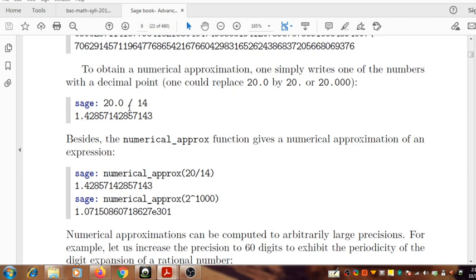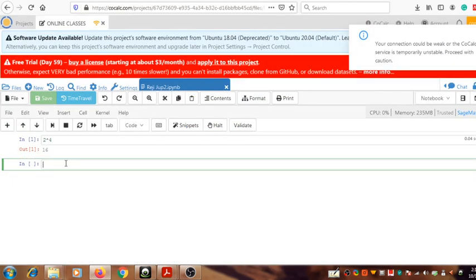But if we avoid the decimal part, the 0.0 in the numerator, then it will appear in fraction form, p by q, not in decimal form. So as you can see here, 20 by 14.